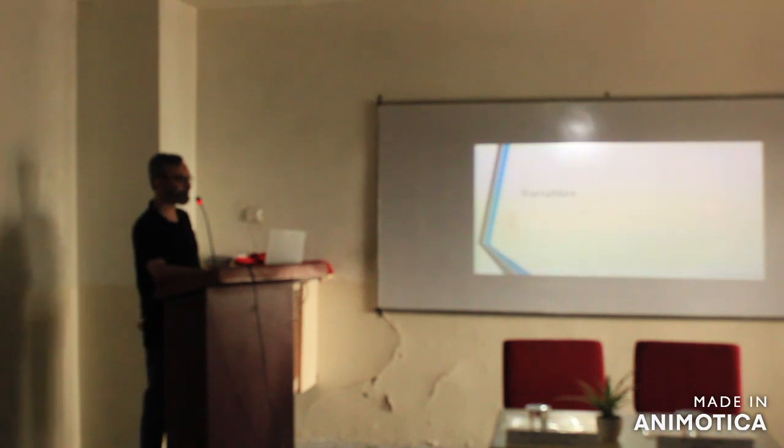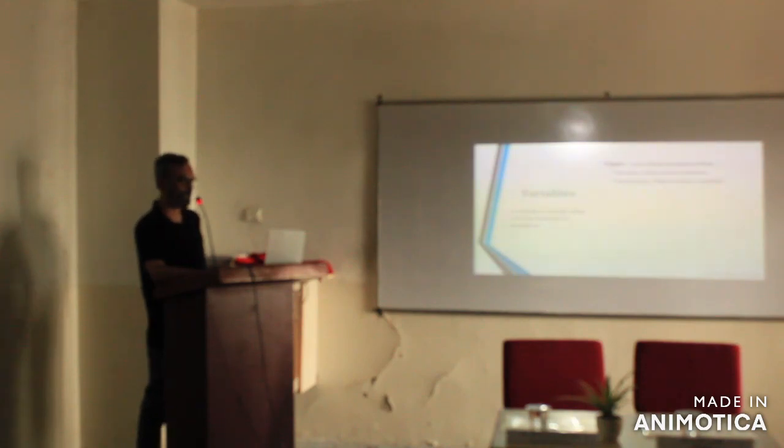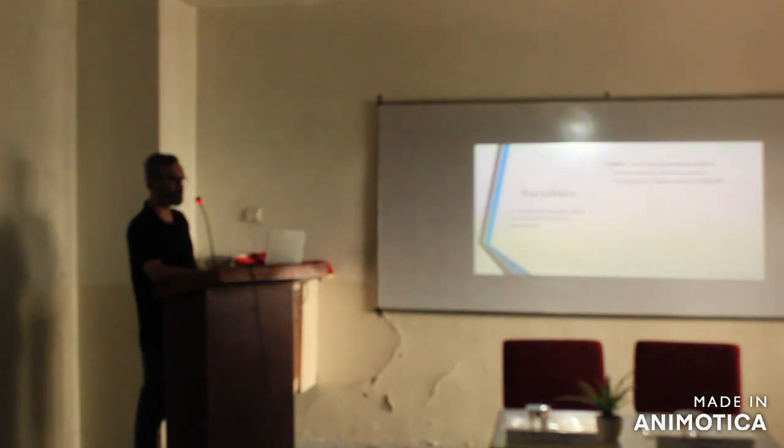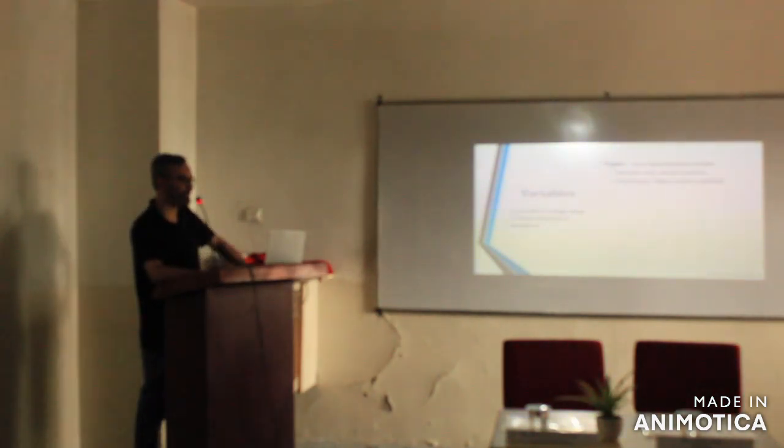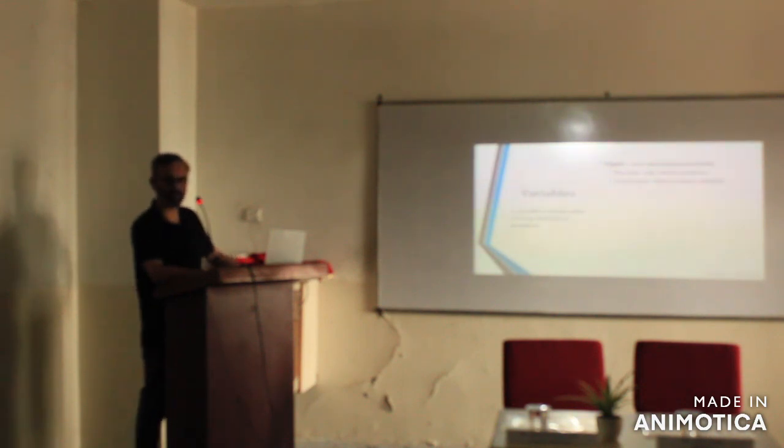Okay. Next, what about variables? We will need to know about variables when we are doing SPSS. The first thing that we need to know is that a variable is simply what is being observed or measured.